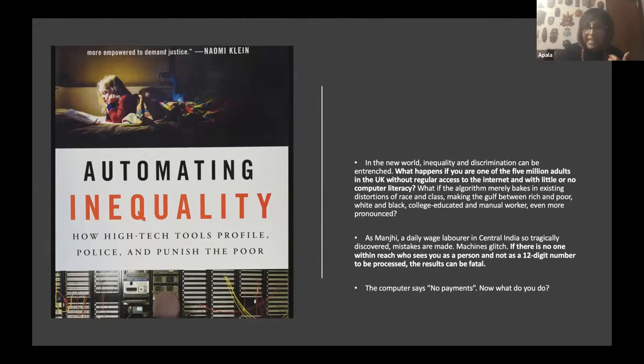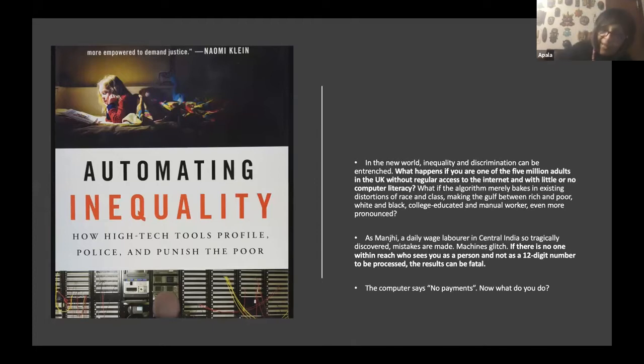There was nobody there to take his identity card and all of that. And he had no clue how to do the biometric, how to use the thumb, where, etc. He tried. And after 3 attempts, the system said, you're not recognized as a valid recipient. And so when the computer said no payment, he had no recourse to finding out what to do.